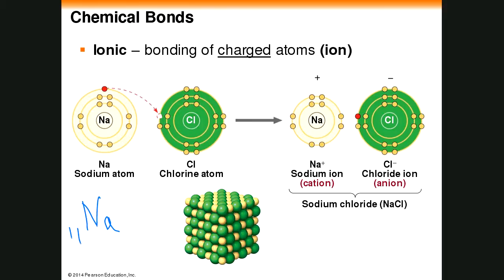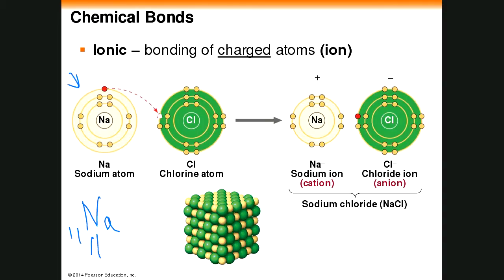So do some exercise with me. Sodium has the atomic number 11. How many electrons in its valence shell? How many electrons in its outermost shell? That's right. 2 in the first shell, 8 in the next shell.